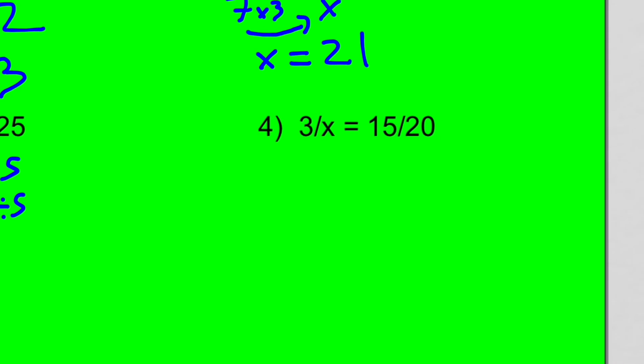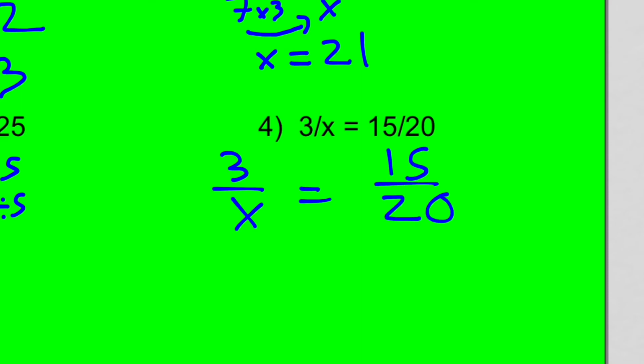And then when I go to this one, 3/x equals 15/20. And again, I could say to myself, okay, I know to go from 3 to 15, I have to times by 5. So then I have to ask myself, what number, x, would I times by 5 to get 20?